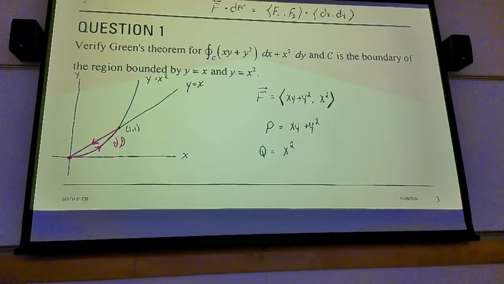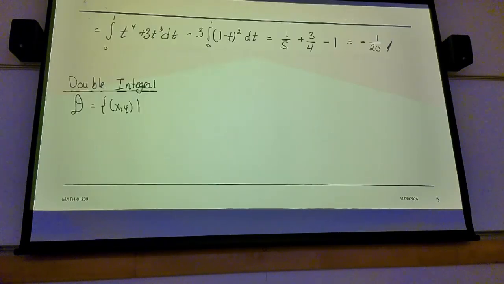Well, as being bound below by y equals x squared and bound above by y equals x. So you could say x goes from 0 to 1 and y goes from, wait a second, y goes from x squared to x. Right.